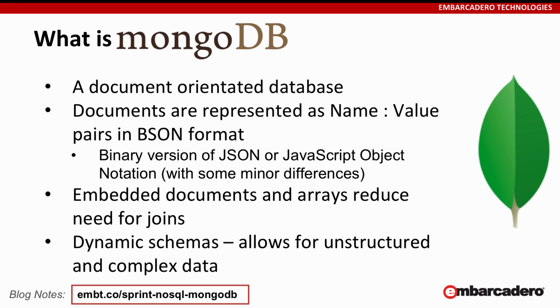That's a relational database concept. In MongoDB, you don't have that concept. Instead, you embed the data in there. So really, you've denormalized your data into one document. Also, there are dynamic schemas in MongoDB, so there's no consistent schema. All records don't have to match the same schema. This allows you to deal with much more complex data because it's unstructured.